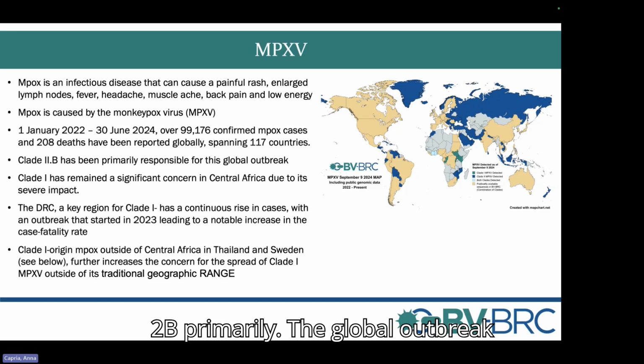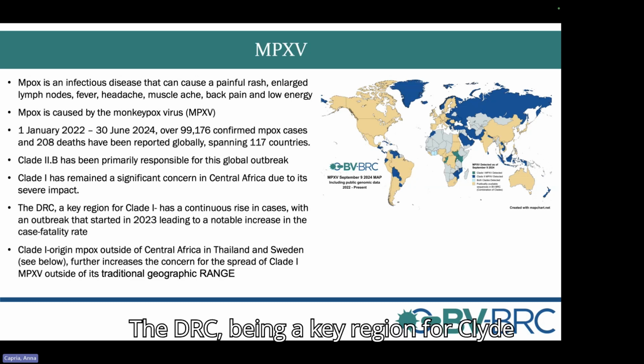This is due primarily to the global outbreak of clade 2b. Clade 1 has remained a significant concern in Central Africa, and the DRC, being a key region for clade 1, has a continuous rise in cases, and there has been a notable increase in case fatality ratio.